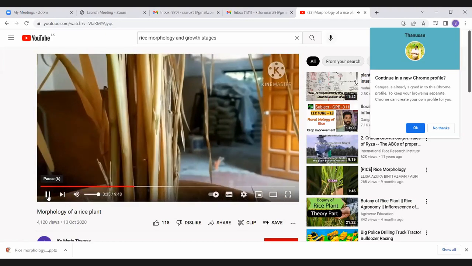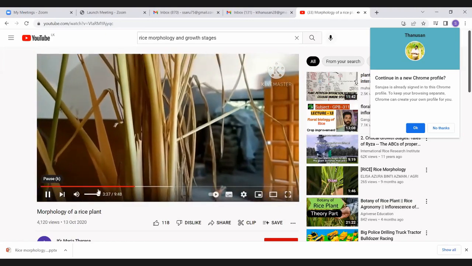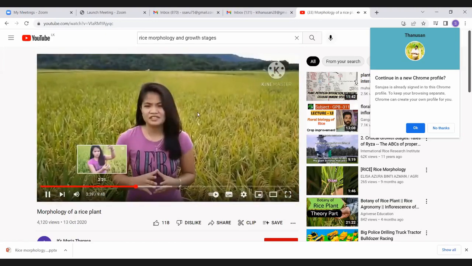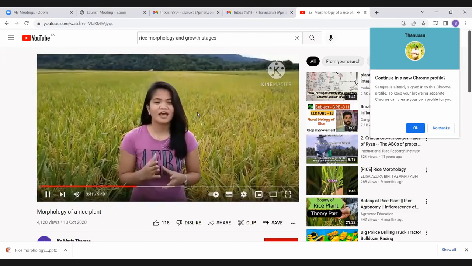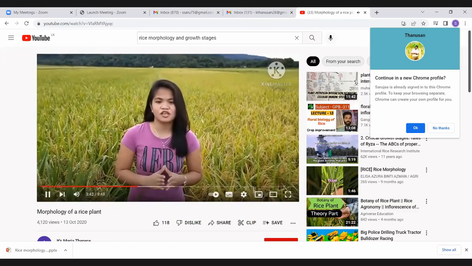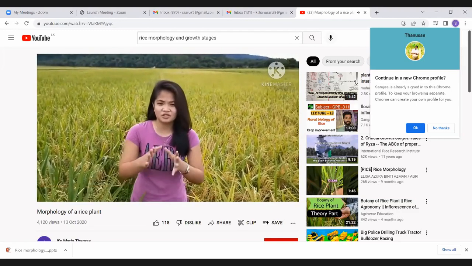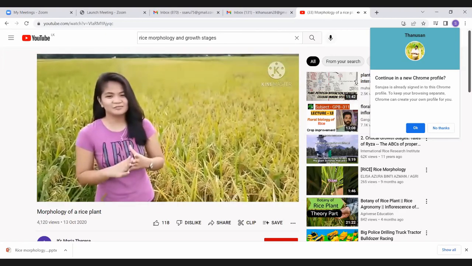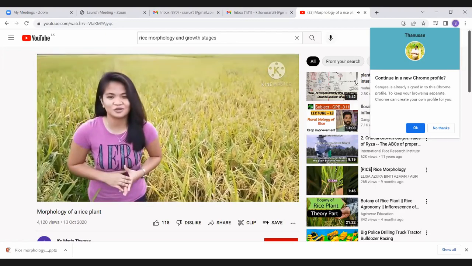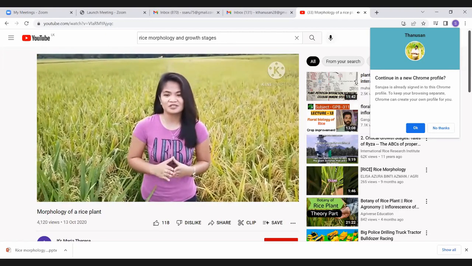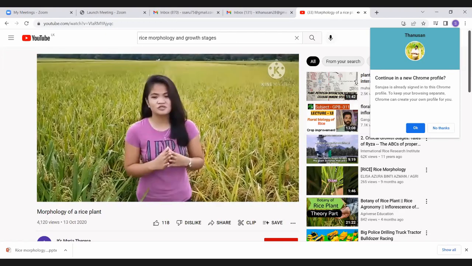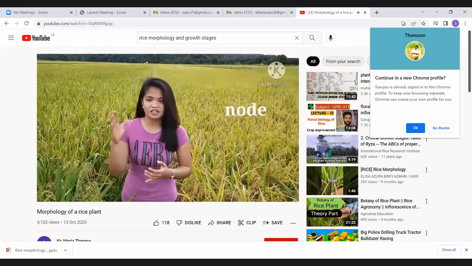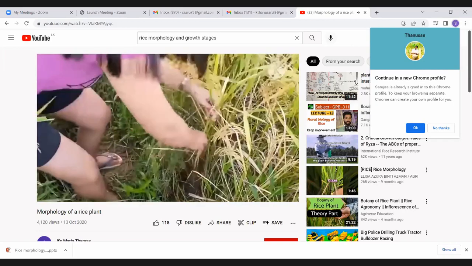The role of this culm is to support the leaves and reproductive structures and to transfer essential nutrients between the roots, the leaves, and the reproductive structure. The culm of a rice plant is composed of a series of nodes and internodes. On this part, this is what we call the node.